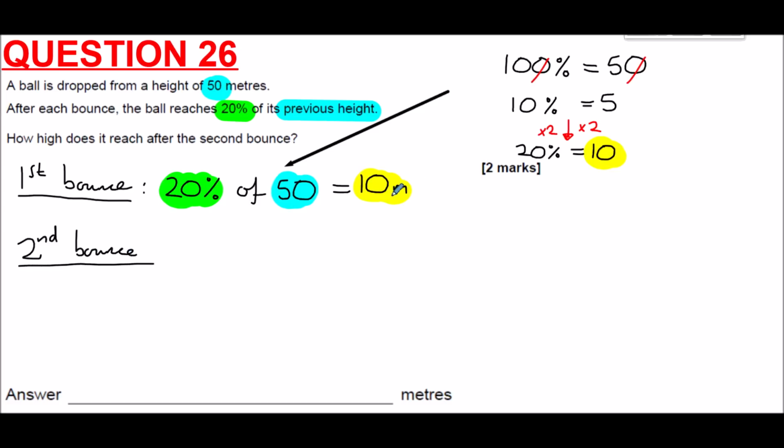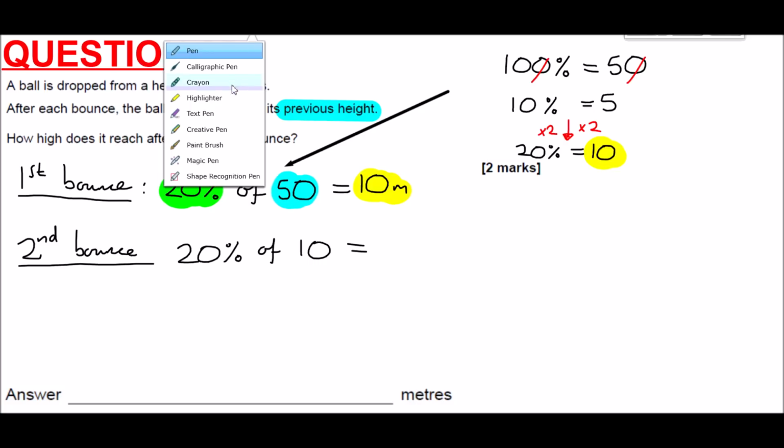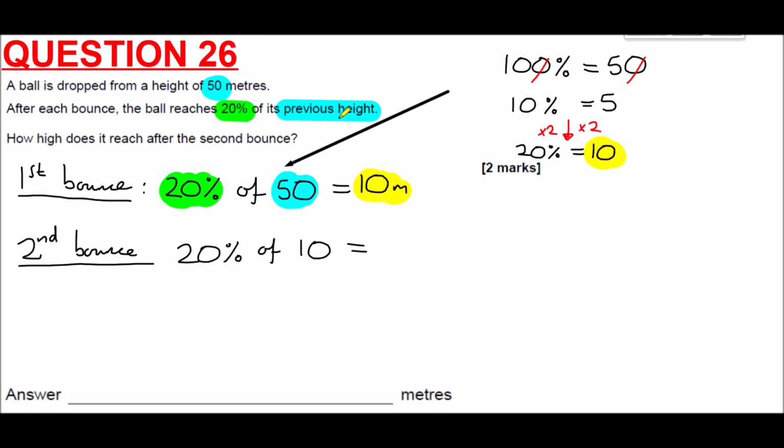So it got to 10 metres. So just rereading the question, it's now going to reach 20% of the previous height. So after the first bounce, that'll be 20% of 10. Because for the second bounce, the previous height was the first bounce, which was 10.